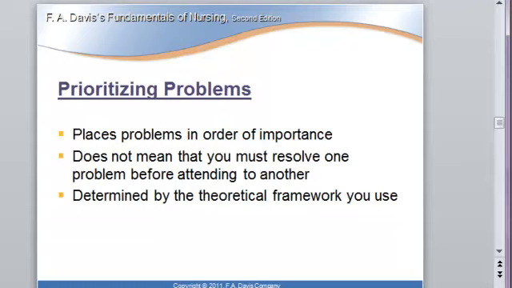And when you look at prioritizing problems, you're going to make sure that the physiological needs of your patient have been met before you can go on to a higher need, which may be knowledge and understanding and exploration of maybe the surgery that's upcoming for them.